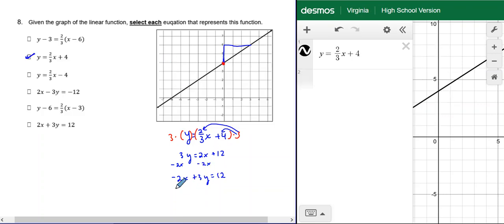Alright, so this is almost in standard form. The only thing is that I don't like this negative. Well, I don't mind the negative, but in general, we don't want a negative in front of the x. So we're going to go ahead and divide out that negative by just doing -1.